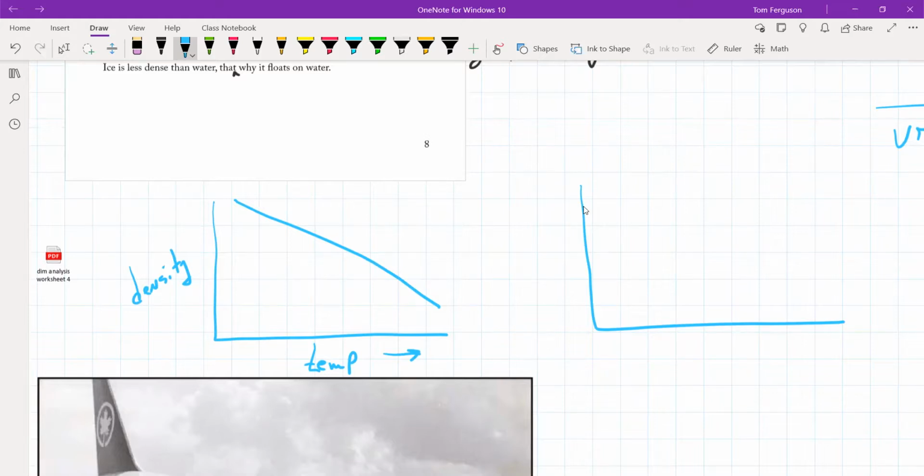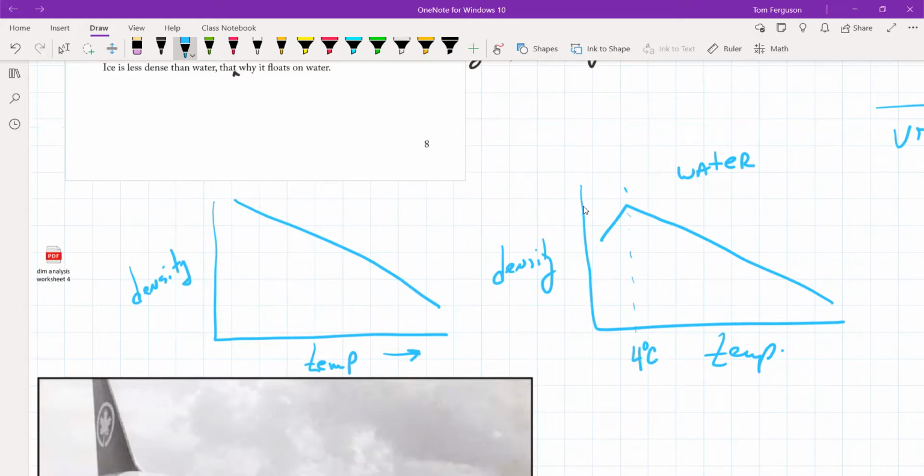When the temperature goes down, water does something strange. At 4 degrees Celsius, water changes density.